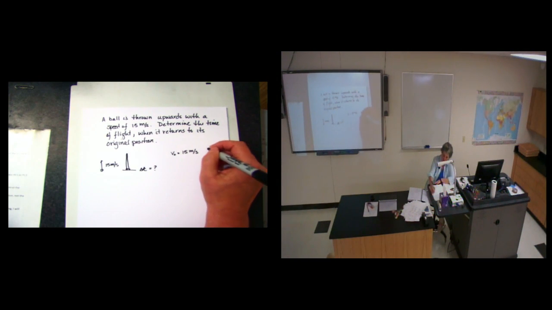So that's 0. Now we can plug in our numbers, right? I'm going to end up with t equals minus my initial velocity plus or minus the square root of the initial velocity squared minus 4 times my acceleration times 0, because my c is 0, divided by 2 times my acceleration.